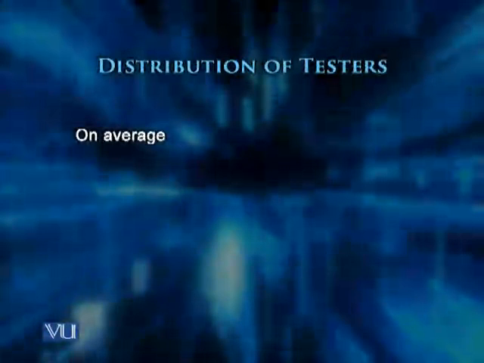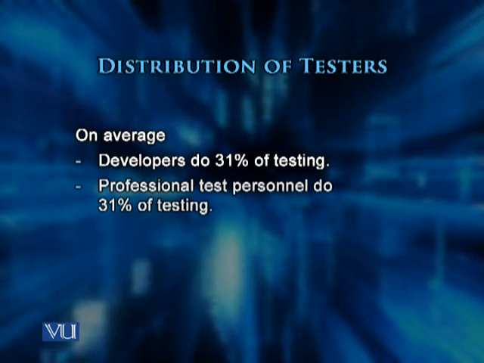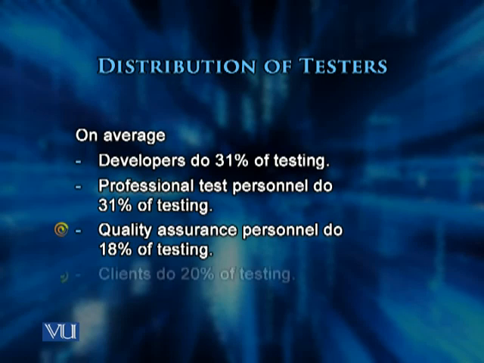So on average, we can say that developers do 31% of testing. Professional test personnel do almost about the same 31%, while QA personnel, quality assurance personnel, do 18% of software testing. And clients and customers do something like 20% of software testing.